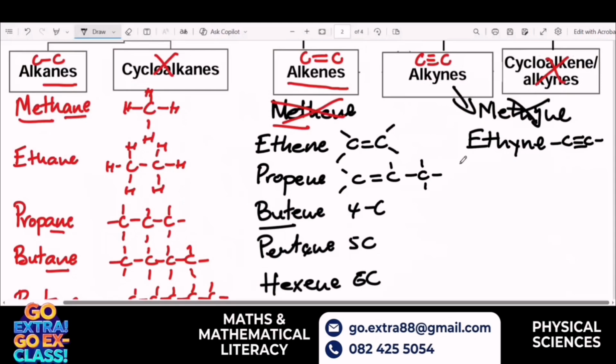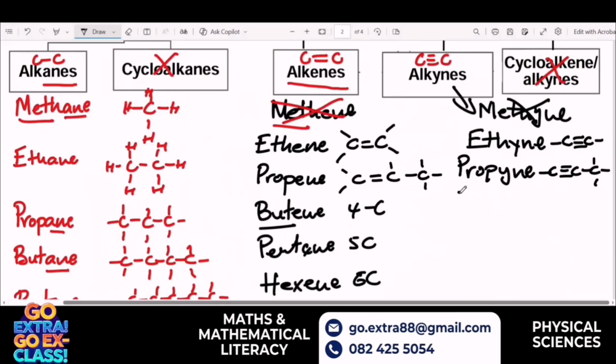So the next group is called what? The next name is going to be propyne. Propyne means 3 carbons, and there's a triple bond. So this one's going to have 1, since this one in the middle has 3 and this side has 1, because there must be 4. We can also add here on this side. So that's how we give the name of the following ones.